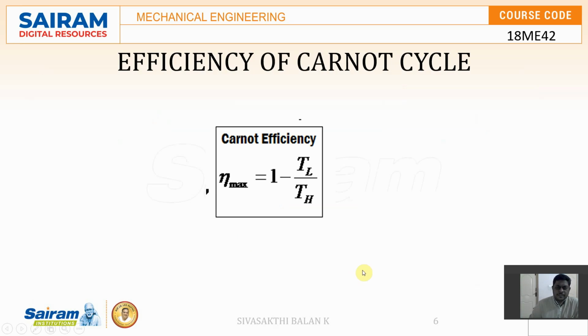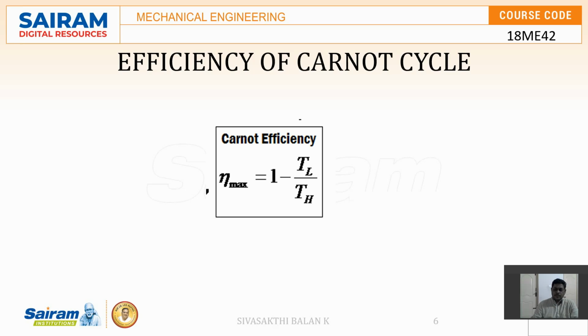To summarize, the derivation of the Carnot cycle is as simple as explained in the previous video, and it's easy for us to understand as well. The main point we need to recollect is that there are 4 processes happening in this Carnot cycle.